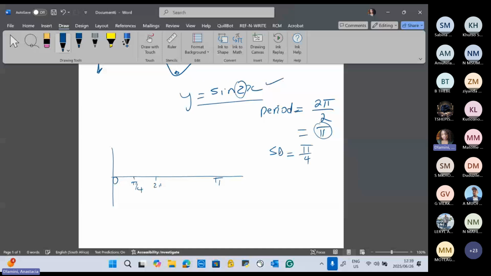I add another pi over 4, I get 3 pi over 4. And then I add another pi over 4, I get pi. So meaning that we know that sine starts from 0, goes to 1, goes to 0, goes to -1, goes to 0. So that's my new sine function. Do you see the difference? How the k affects?